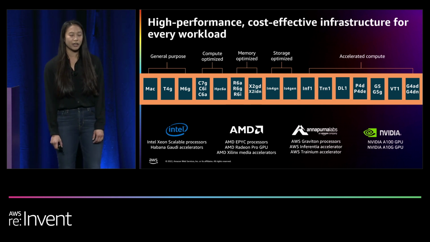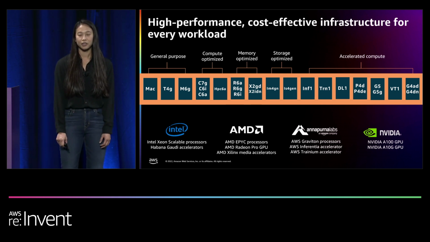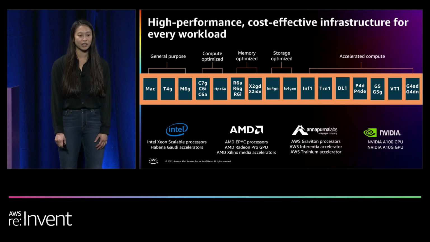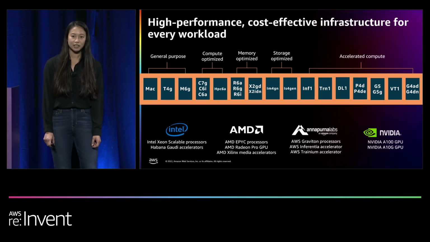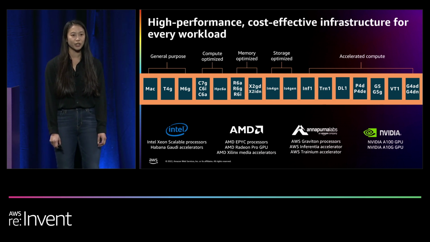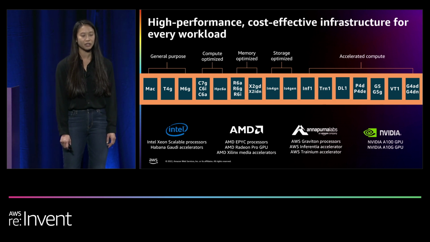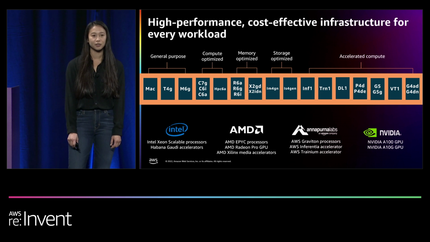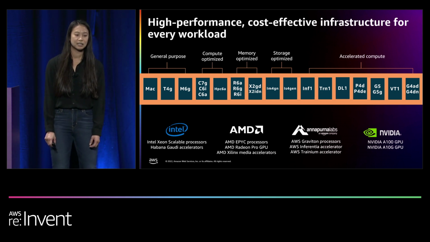We offer a range of 3 different processor types within our instances. We have processors from Intel, AMD, and our very own built Graviton processors. These Graviton processors can deliver up to 40% better price performance over comparable x86-based instances for various workloads.